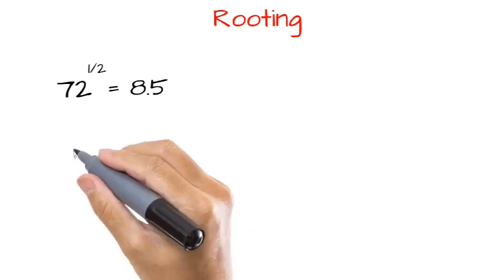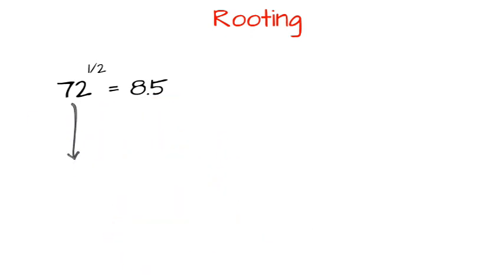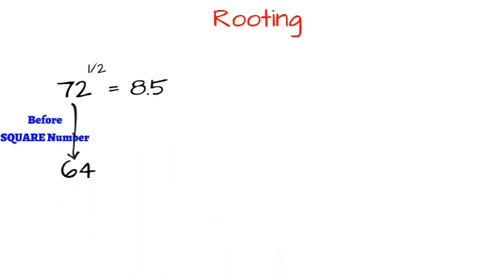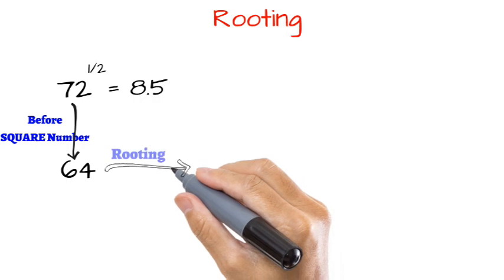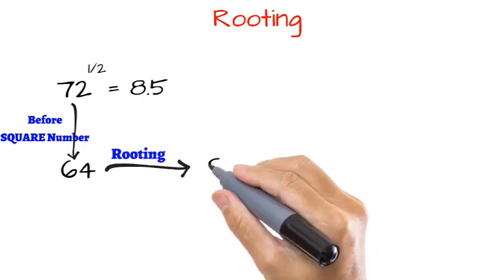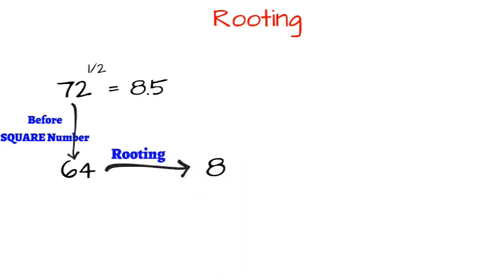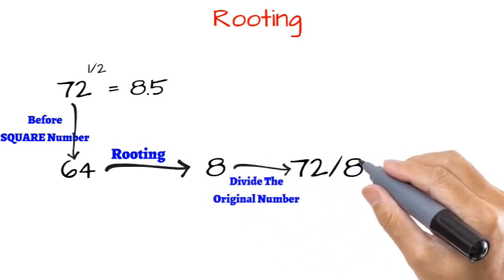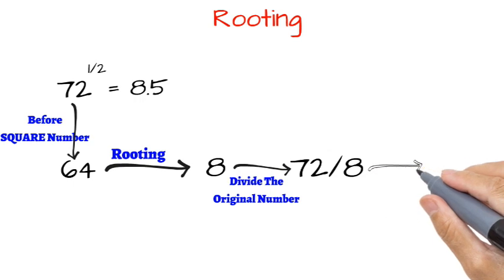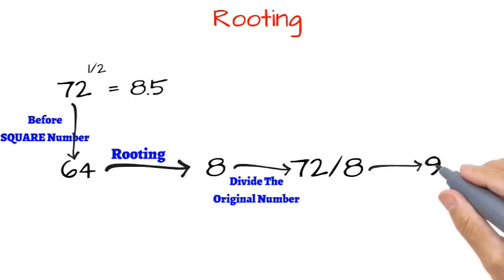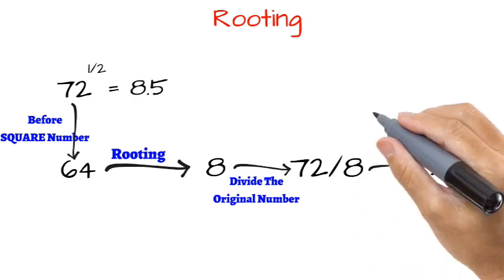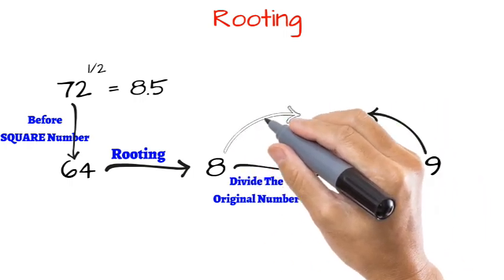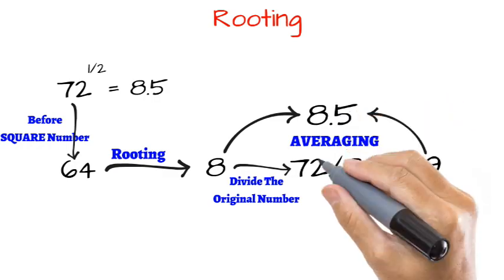It's a very simple technique: you obtain the square number before the number, which is 64, and then you find the root for that number, which is 8, and then you divide the original number by that number, which gives 9. And the next step is very simple. You just find the average between 8 and 9, which is equal to 8.5.